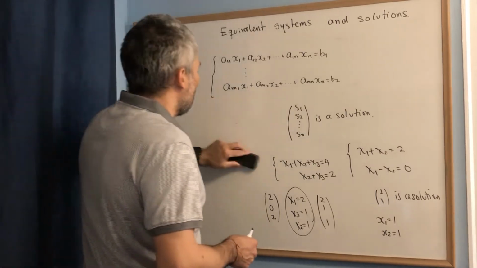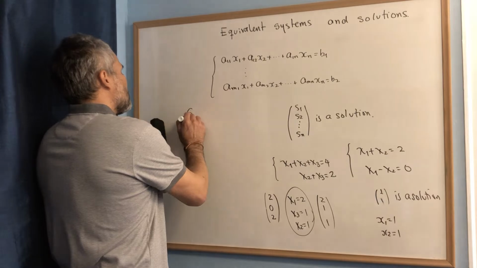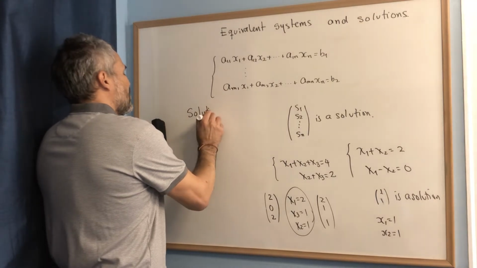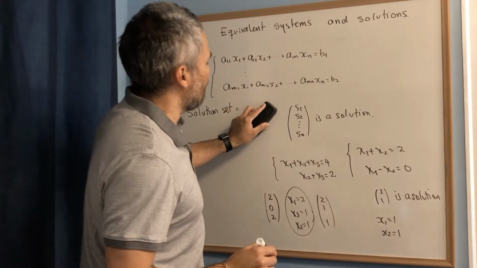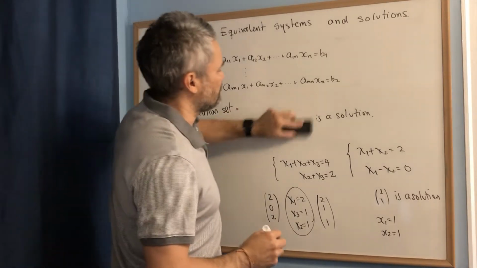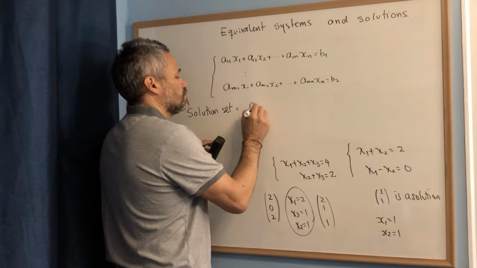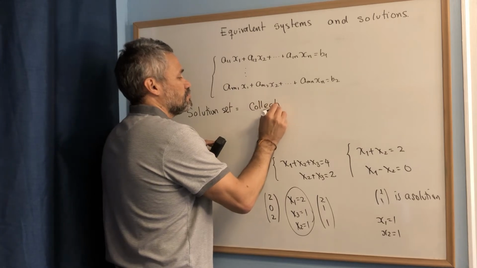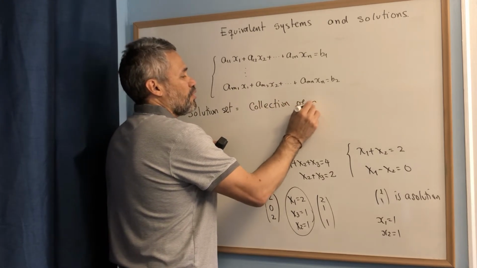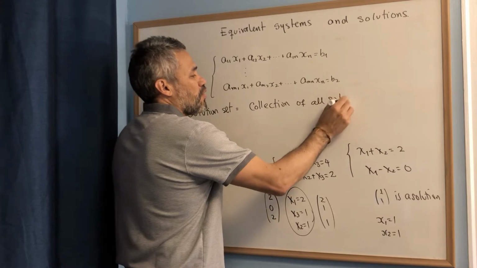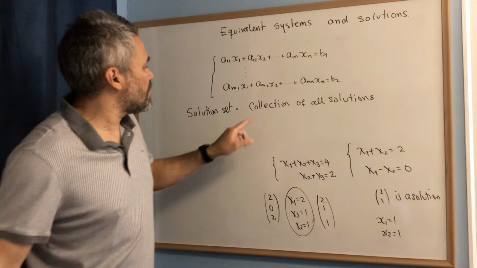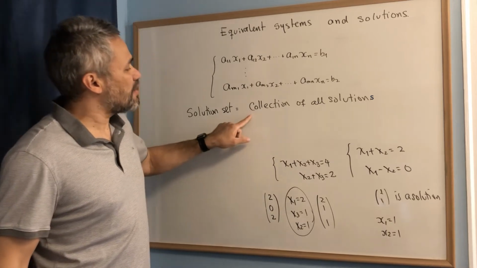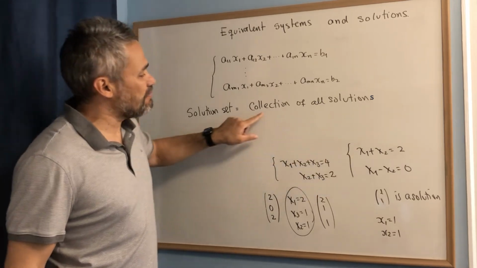We are also going to consider the solution set. And the solution set is the collection of all solutions. Notice that here we have an issue that we need to deal with, because sometimes a system may have infinitely many solutions.